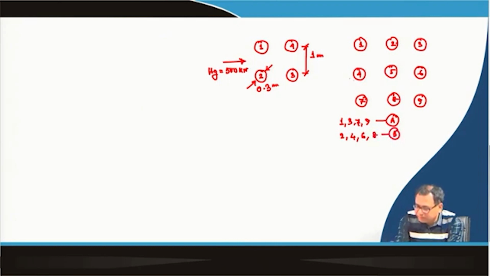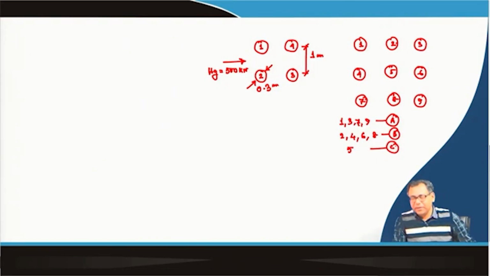And 5 will be one particular group, a single pile, because no other pile will be similar to this fifth pile.